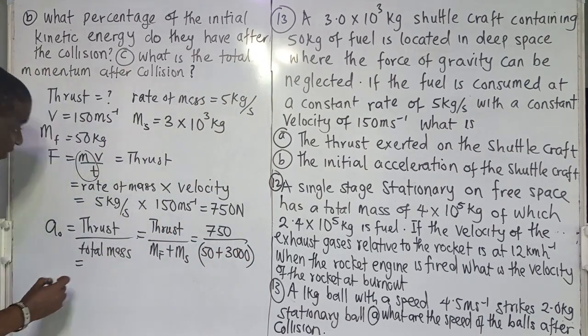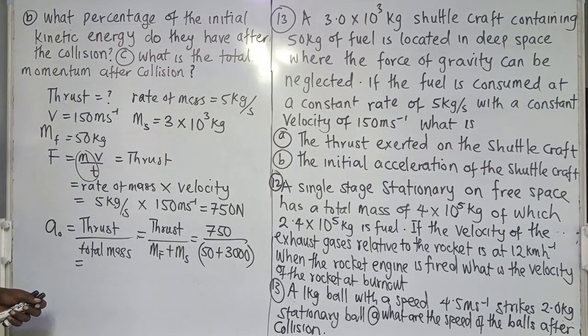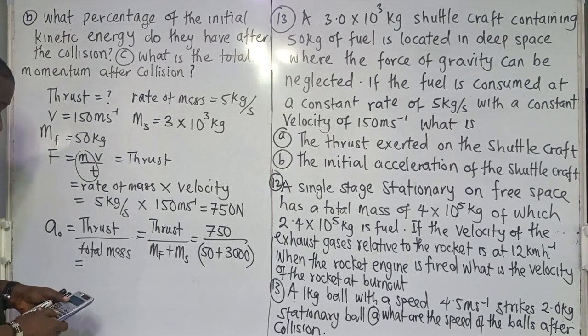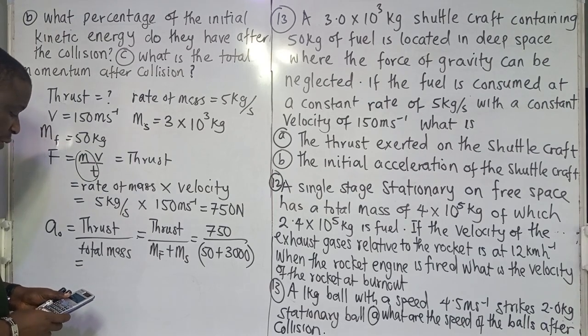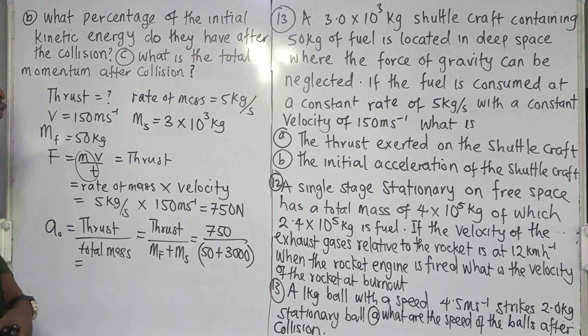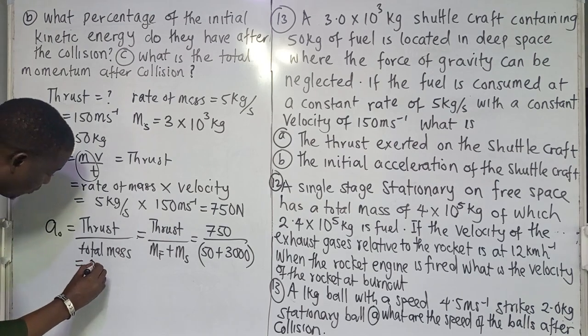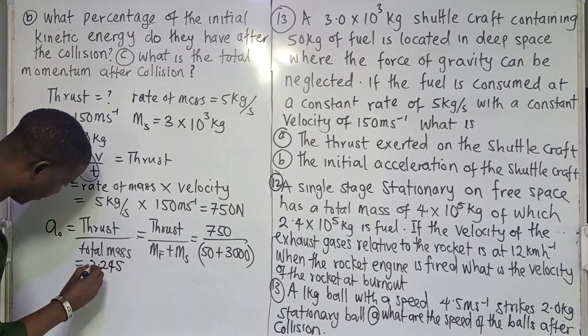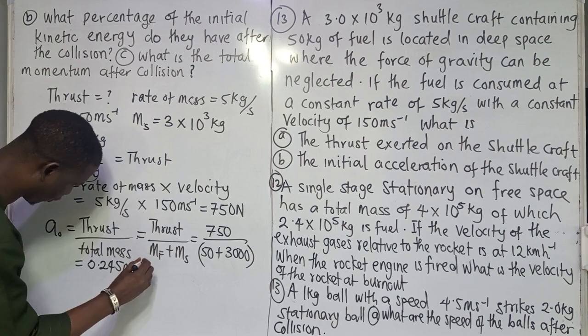So our final answer will now be what? Let me check it to confirm it. 3050 is that one. Then 750 divided by 3050. So our answer is 0.245 meter per second square.